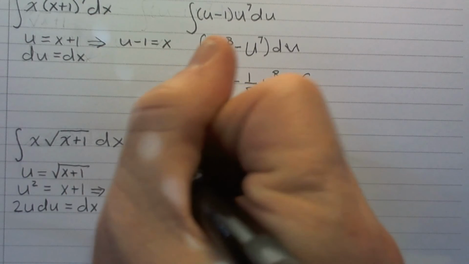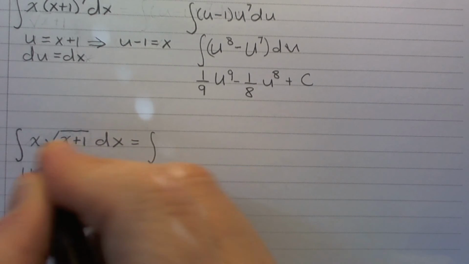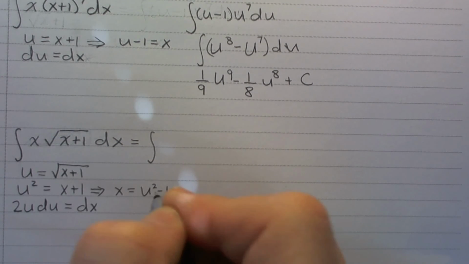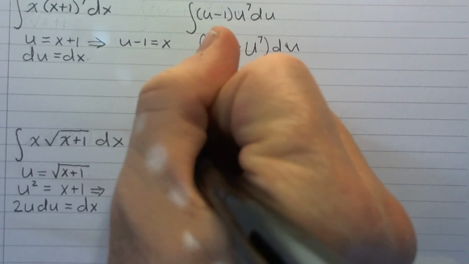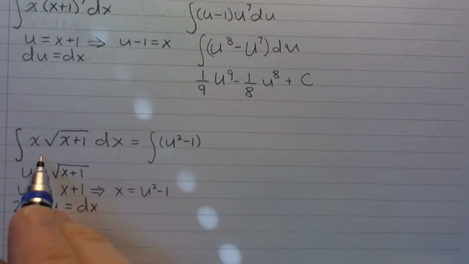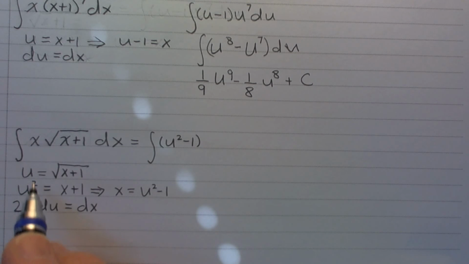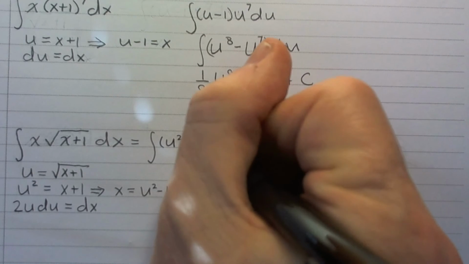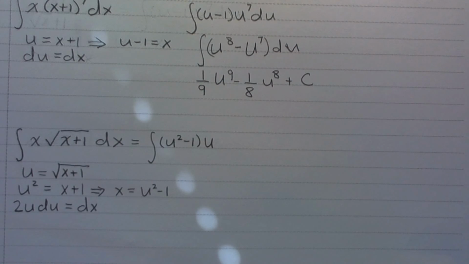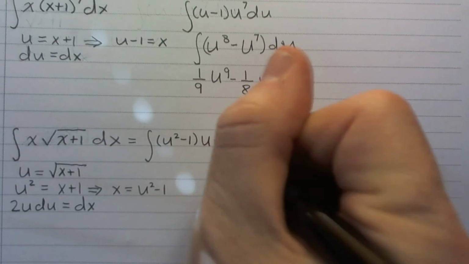Now, let's see what we've got. In place of x, I'm going to put u squared minus 1. See, that's x. And in place of the square root of x plus 1, I'm going to put u. And then in place of dx, I'm going to put 2u du.